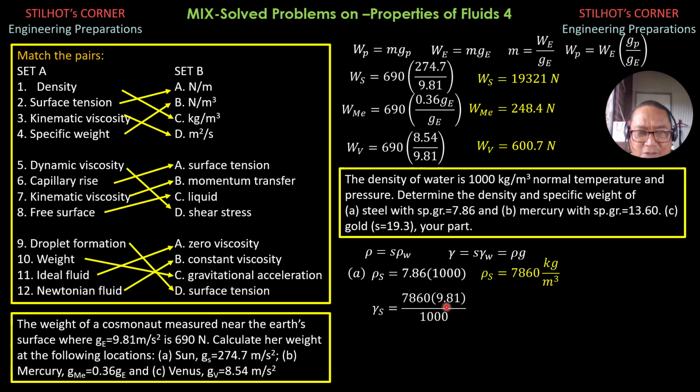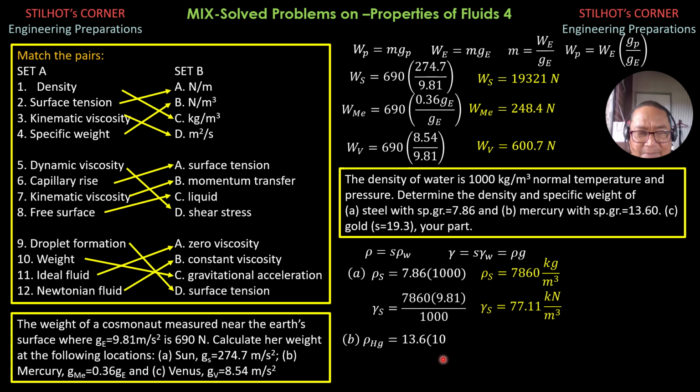That would be newtons per cubic meter, but divided by 1,000 to convert it to kilonewtons per cubic meter. So in fact, 7,860 divided by 1,000 is the specific gravity of the substance, steel in this case, times 9.81. That's why gamma of water is 9.81. So it is equal to 77.11 kilonewtons per cubic meter.